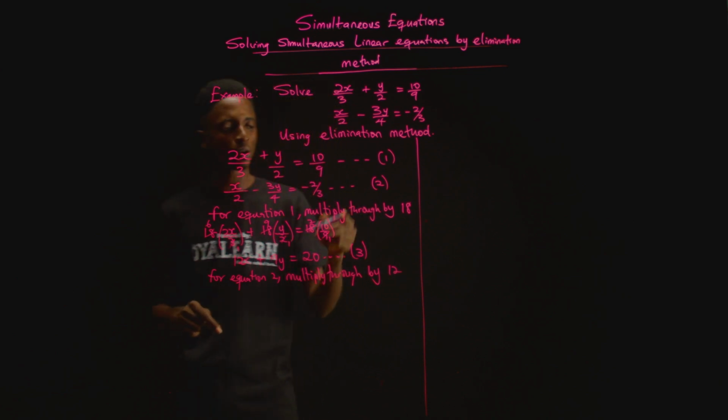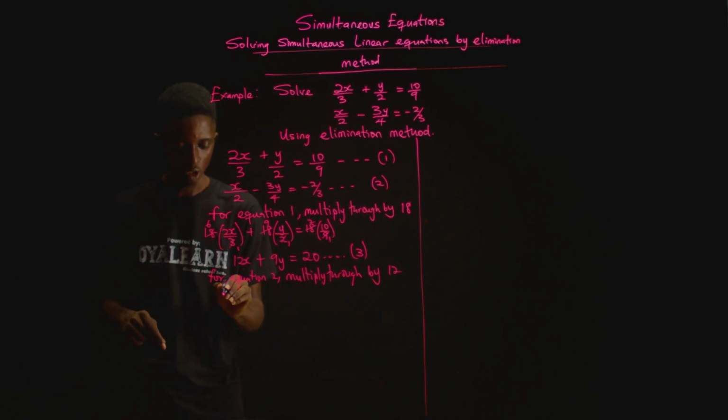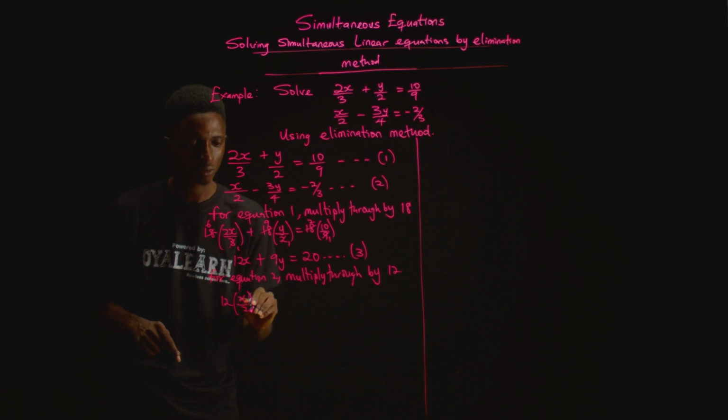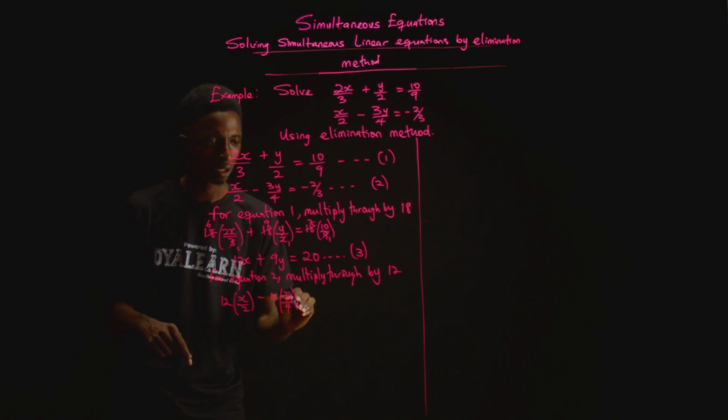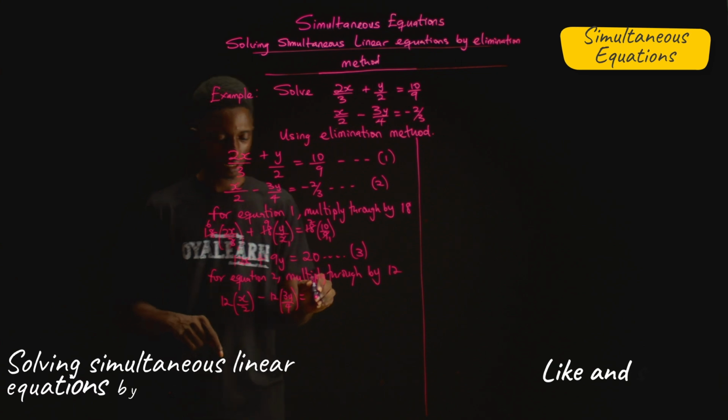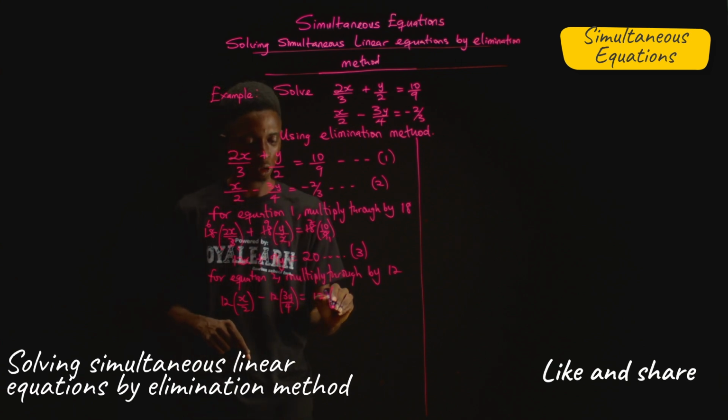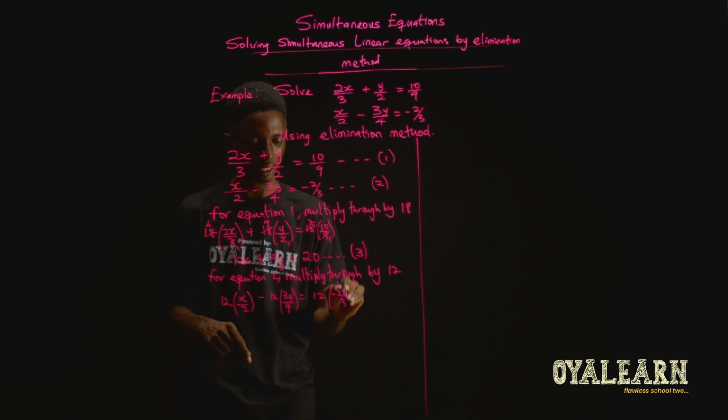So we're going to multiply equation 2 by 12. So we have 12 into x over 2 minus 12 into 3y over 4 equals 12 into minus 2 over 3.